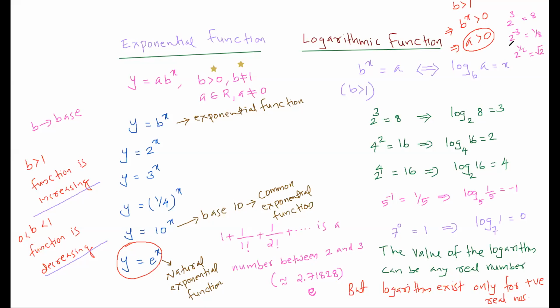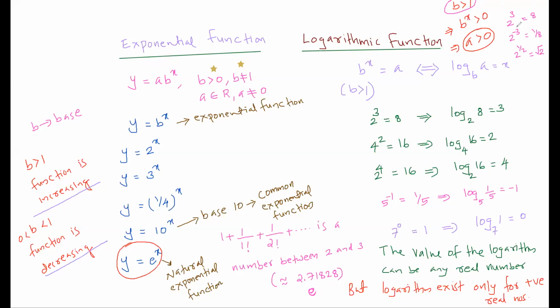So 2 का पावर में कोई भी नंबर, x can be any number, जो भी नंबर आएगा the answer will be a positive. 2 to the power 3 is 8, 2 to the power minus 3 is 1 by 8, 2 to the power 1 by 2 is √2.